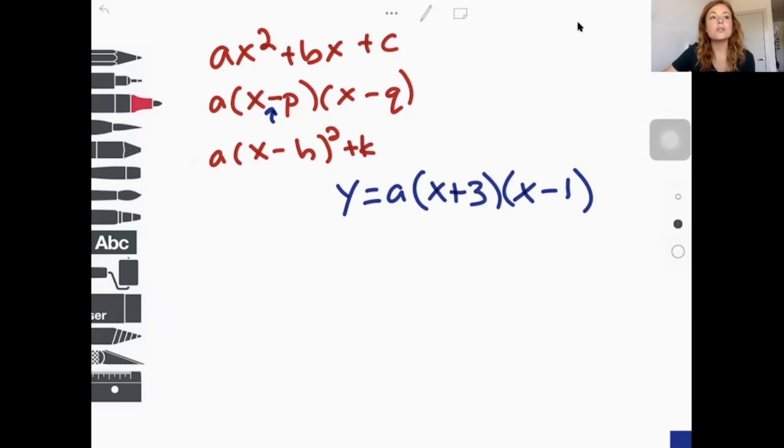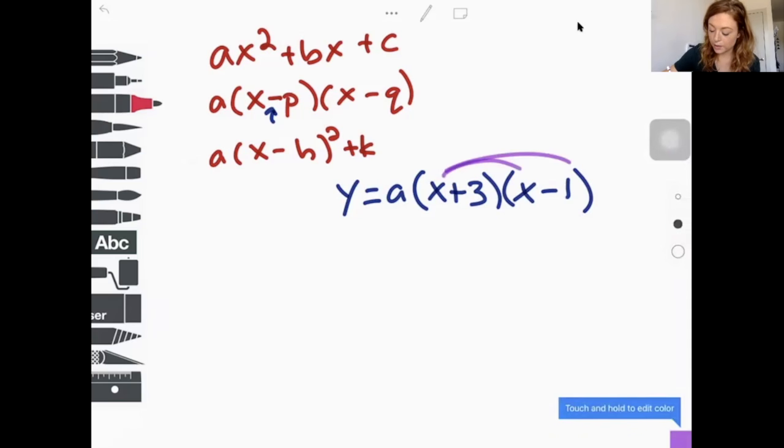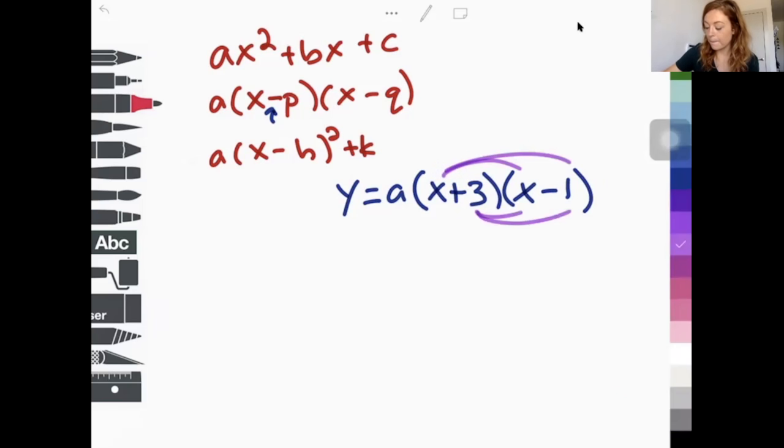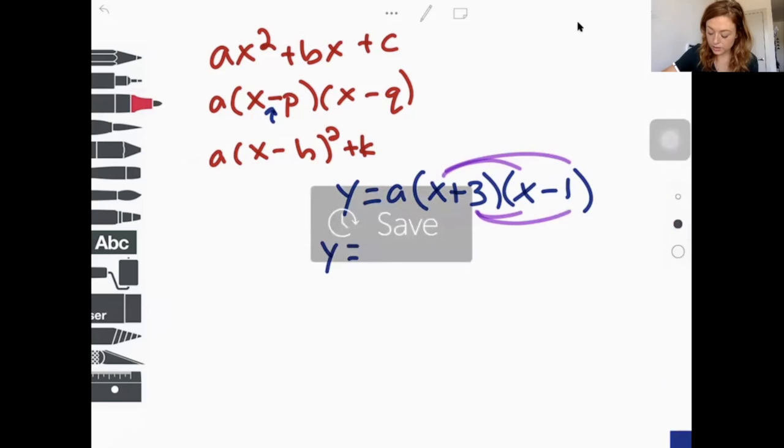Okay? So then now I'm going to use FOIL or double distributive or shirts and pants to be able to simplify those binomials. So we're going to use the distributive property, all 4 times. I'm going to leave the y equals a alone and open up parentheses.